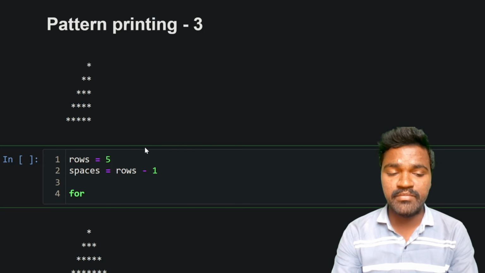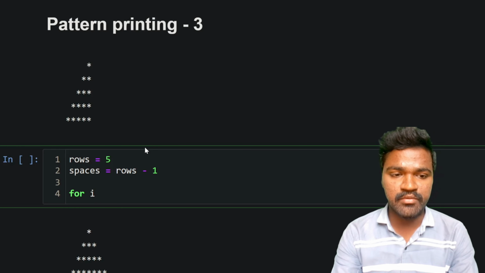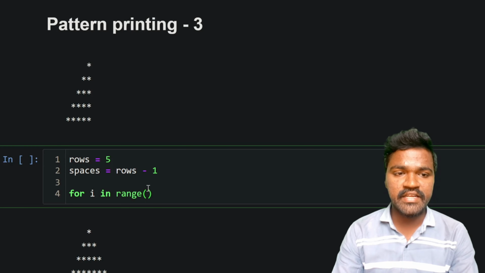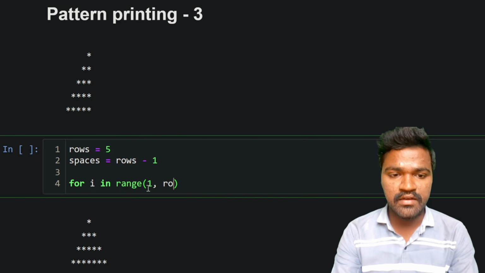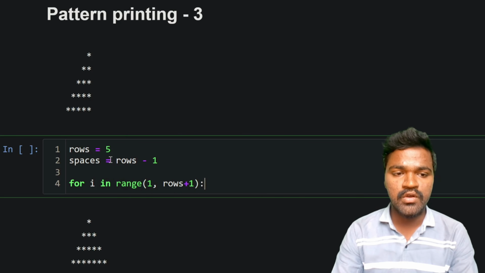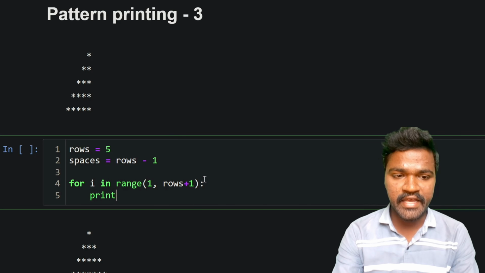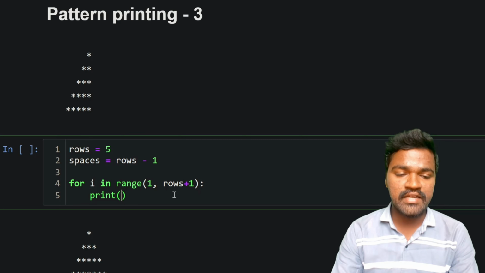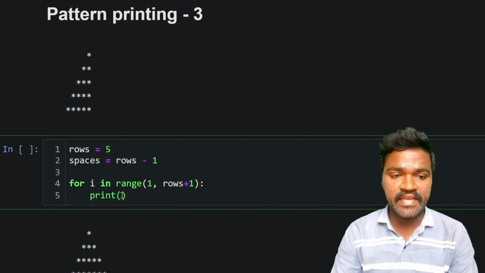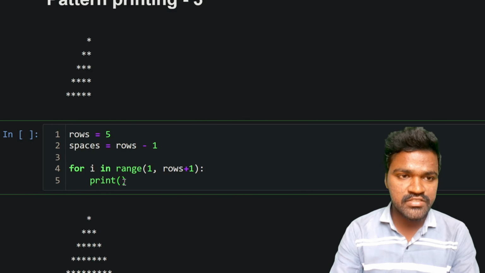I am taking the for loop, taking the variable i, and using the membership operator in with range. I want to generate a range of values from 1 till rows plus 1. So by using this, I can generate values from 1 to 5. In the loop, let us not worry much about the pattern, and first try to understand what we get in this for loop. First, what I will be printing is the spaces, because first we have spaces.